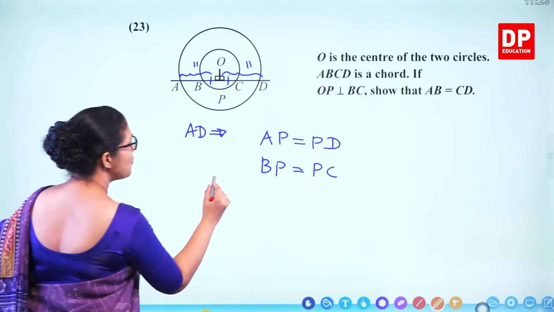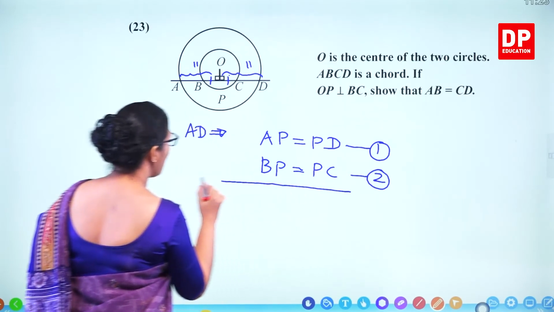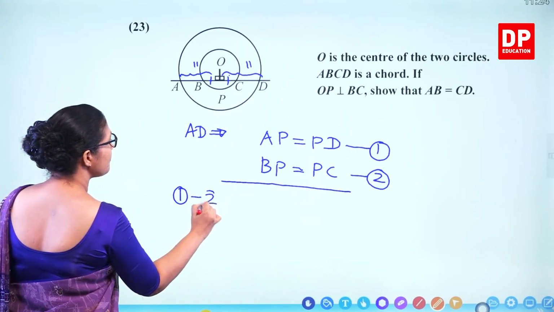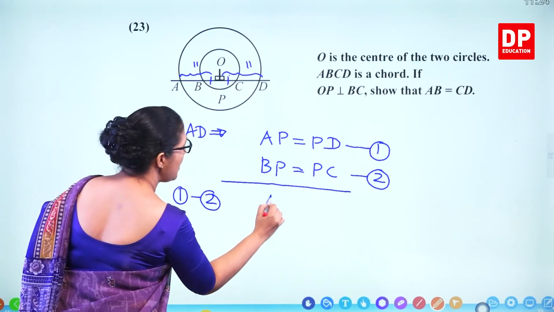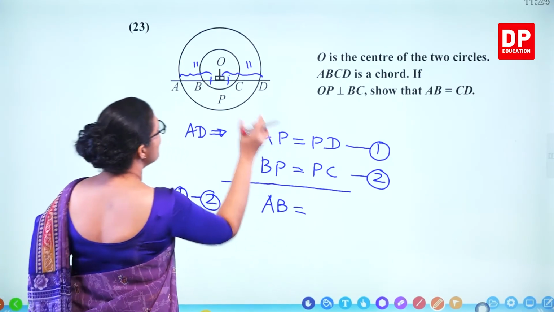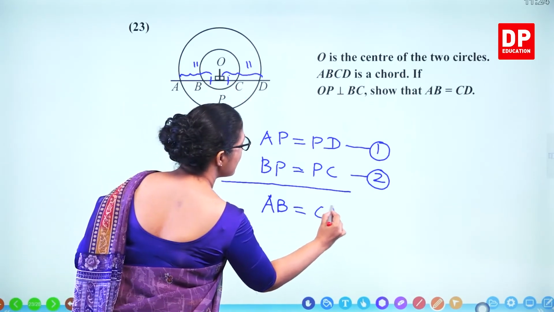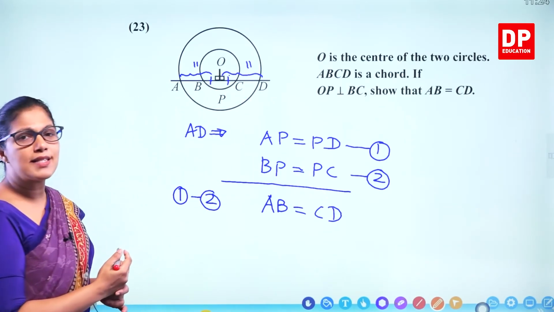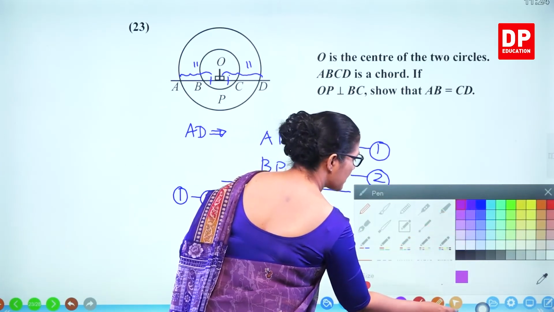So when you subtract these two equations, what do you get? 1 minus 2, AP minus BP, you get AB. PD minus PC, you get CD. So AB equals CD. So you get 2 marks for proving that.